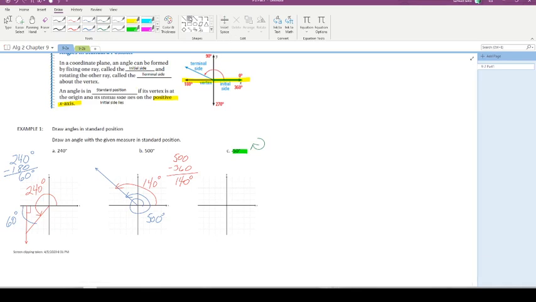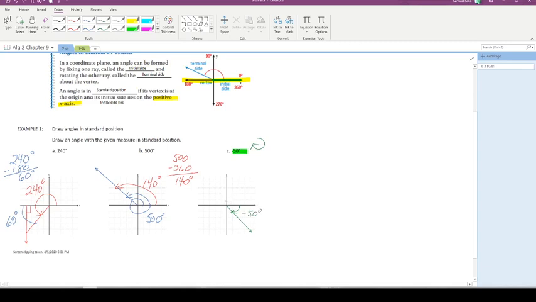So let's draw a line from here down. If I get it to start, it's going to be right about like that. All right. And I'm going to draw the negative 50 right here, because this angle is negative 50 degrees.